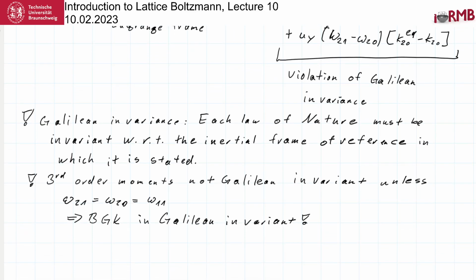Now, is this a problem with the discretization? The answer is no, because we have not discretized anything, right? You remember discretization of the moment space leads to this aliasing where moments depend on each other, but we did not assume any aliasing, yeah? So there was no discretization assumed, and therefore it's also not a discretization artifact.